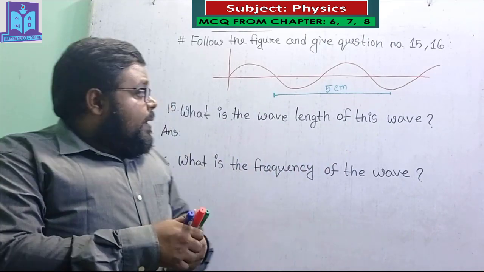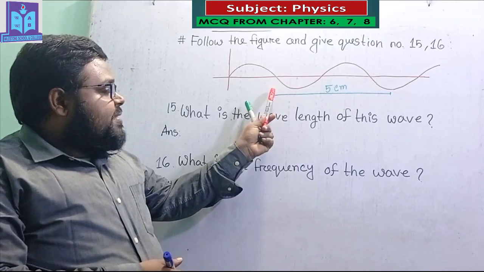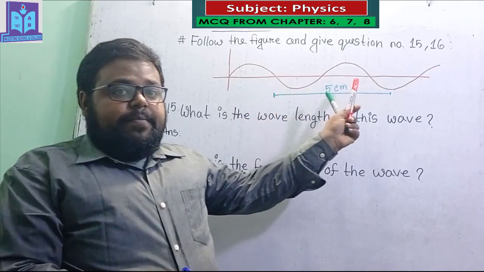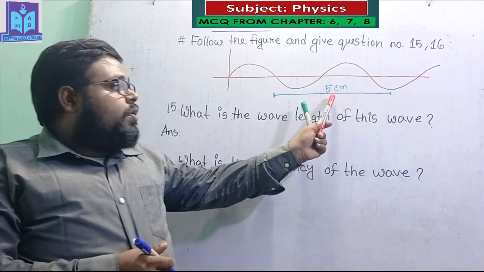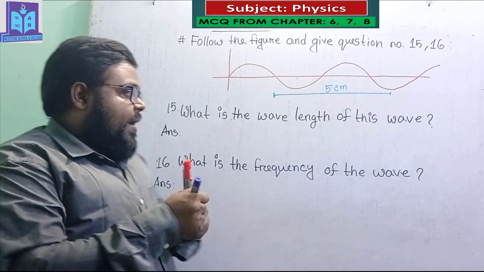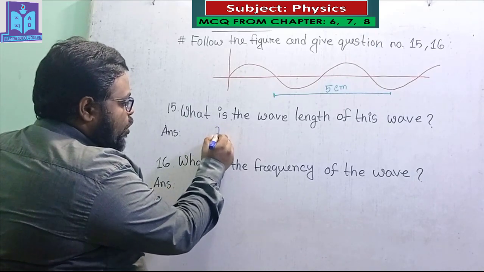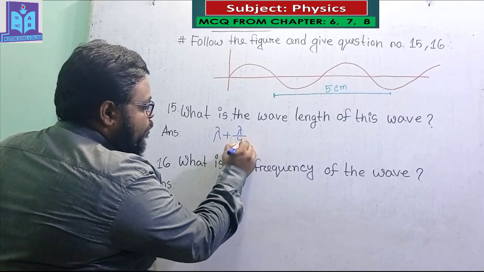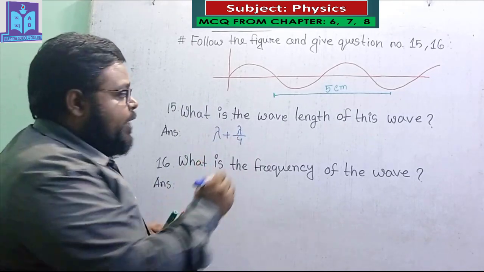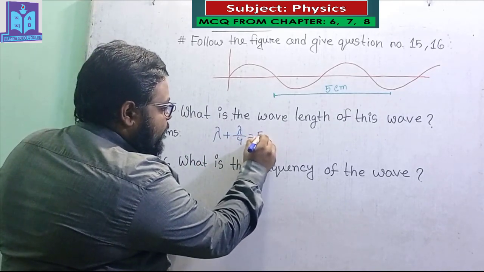Number 15 question is, what is the wavelength of this wave? Look at the figure, and here you can see that a full wave and 1/4 of a full wave total equal to 5 centimeter. That means a full wave plus 1/4 of a full wave total will be equal to 5.